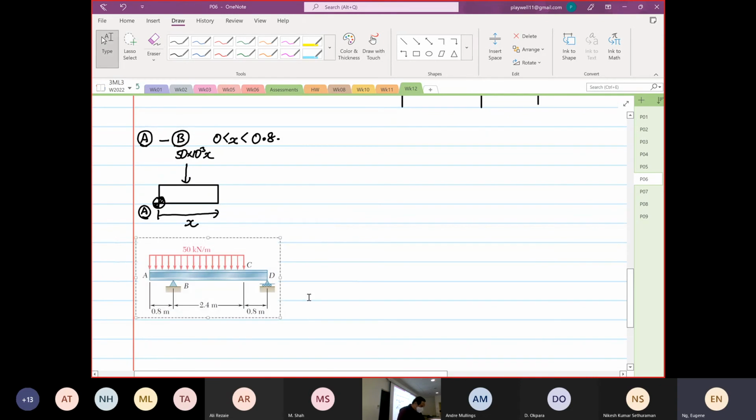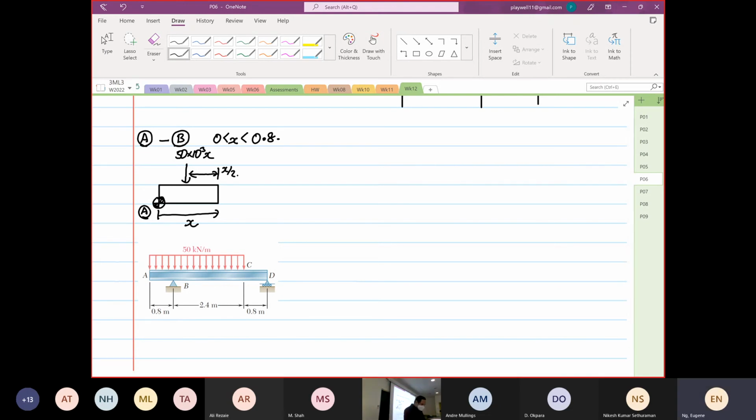Because the distributed load is dependent on the distance X, the more the X value, the higher is the equivalent load. So it's 50X. And the distance from here to here is X over 2. Why X over 2? Because it is an evenly distributed load. We've done this before.